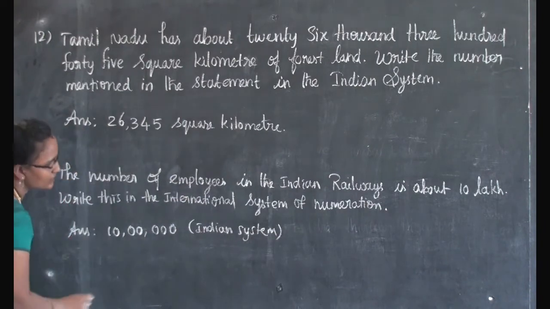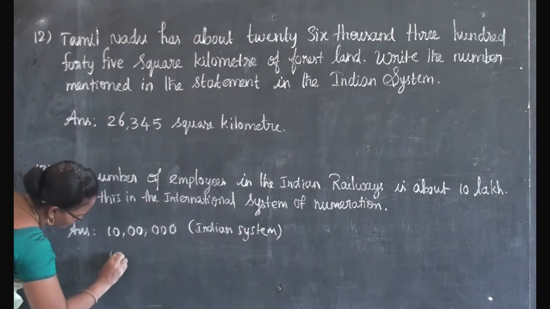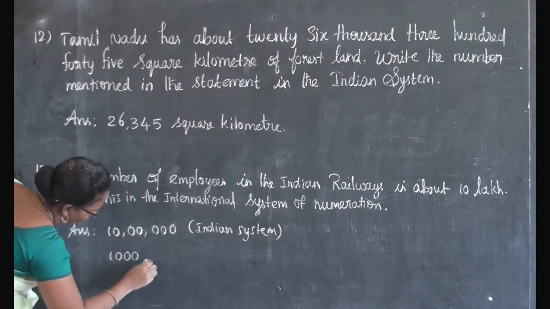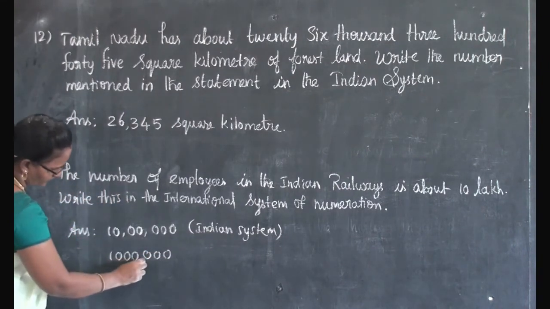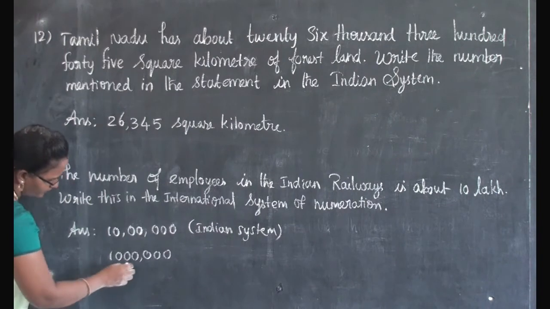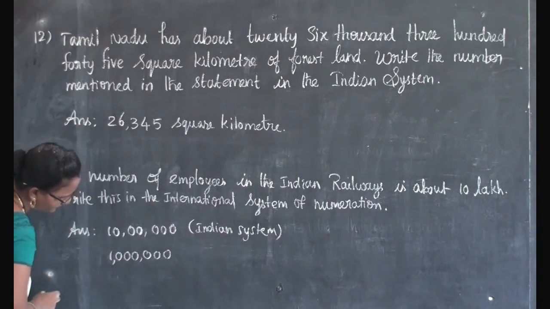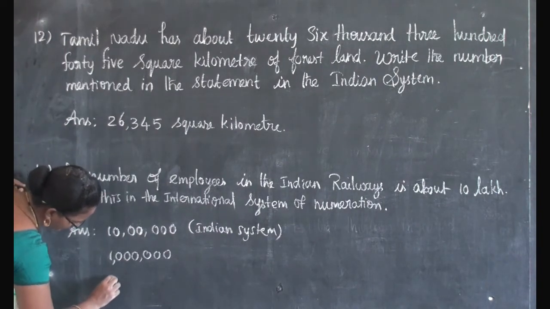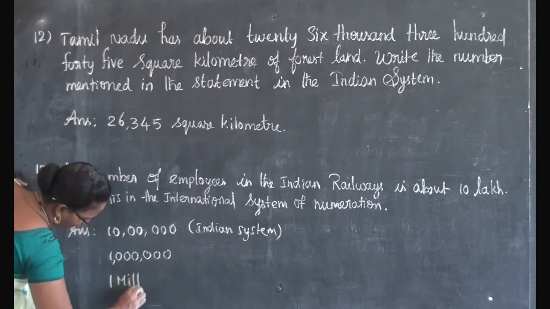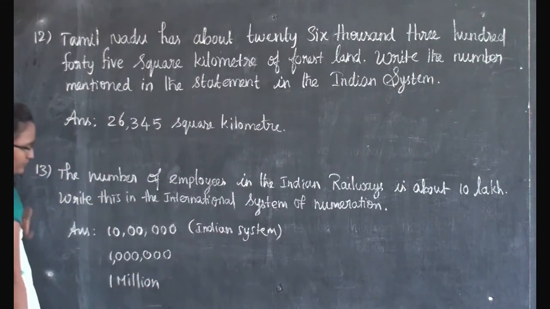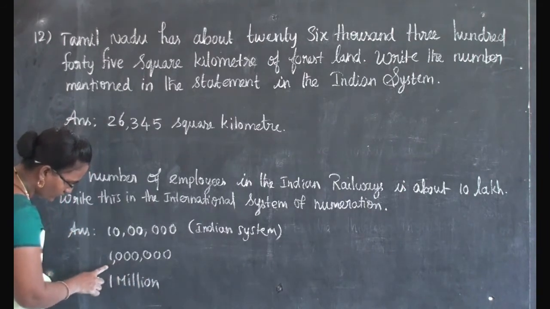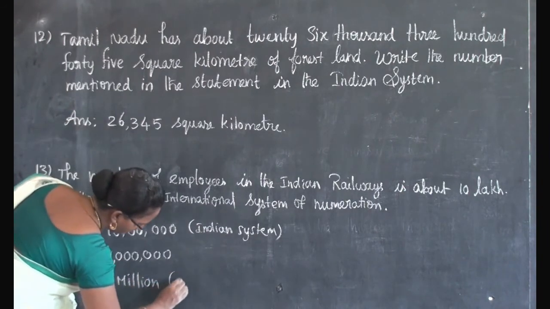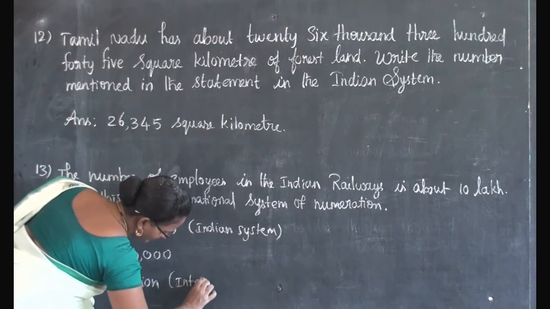They ask for the international system. Now, before 3 digits we put commas. So answer, 1 million. Ones, tens, 100, 1000, 10,000, 100,000, 1 million. That is in the international system.